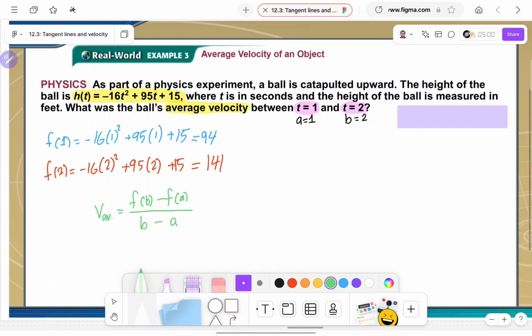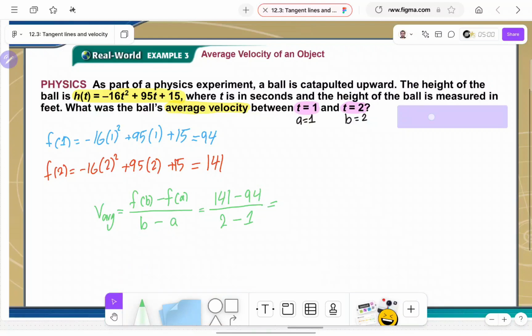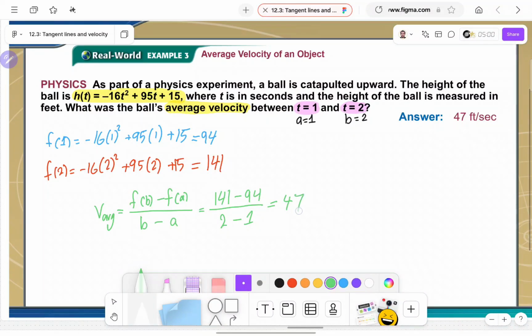So v average, which is the average speed, f of b is 141 and f of a is 94, over 2 minus 1. Then we get the answer, which is 47. So the answer is 47 feet per second.